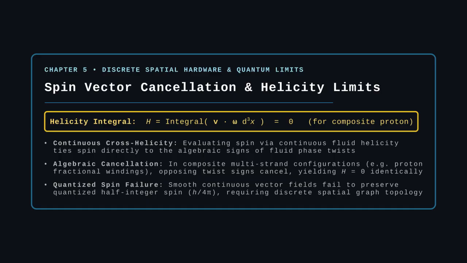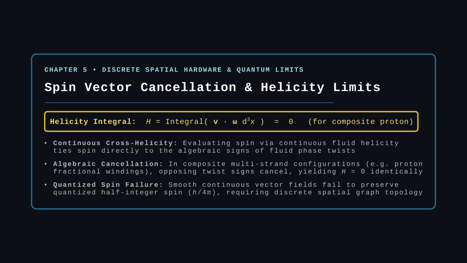Second, the spin vector cancellation. In a smooth continuum, evaluating particle spin via a continuous hydrodynamic cross-helicity integral, where helicity H equals the volume integral of velocity dot vorticity d3x, ties spin directly to the signs of the fluid's phase twists.